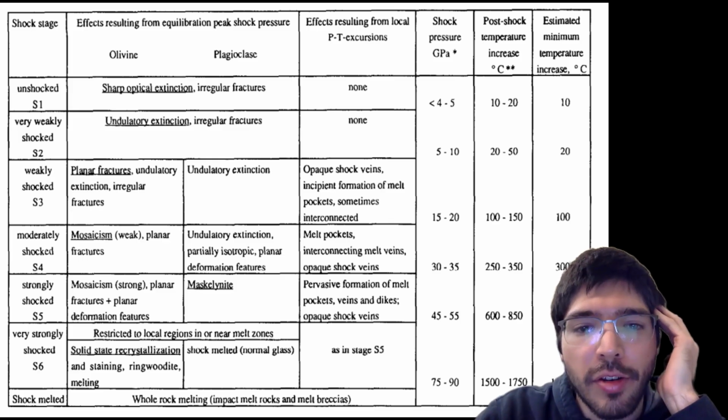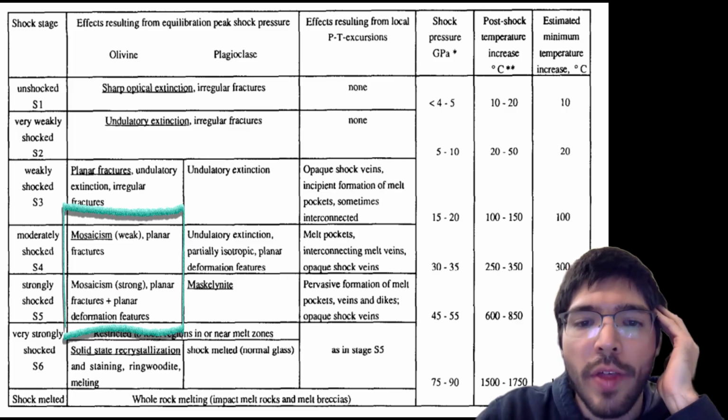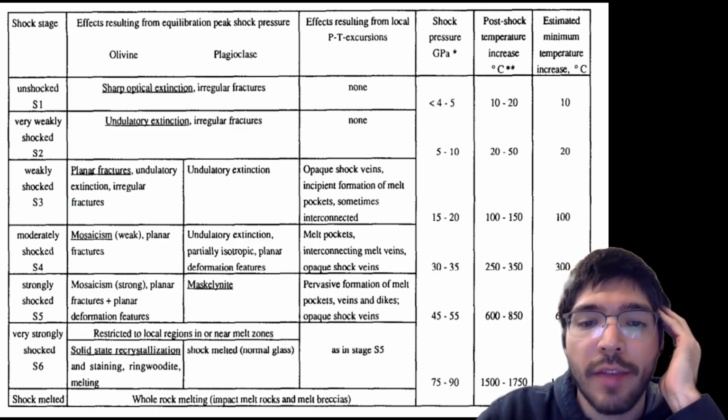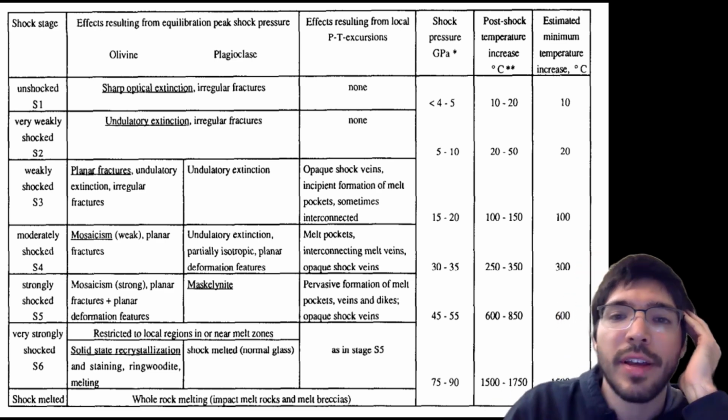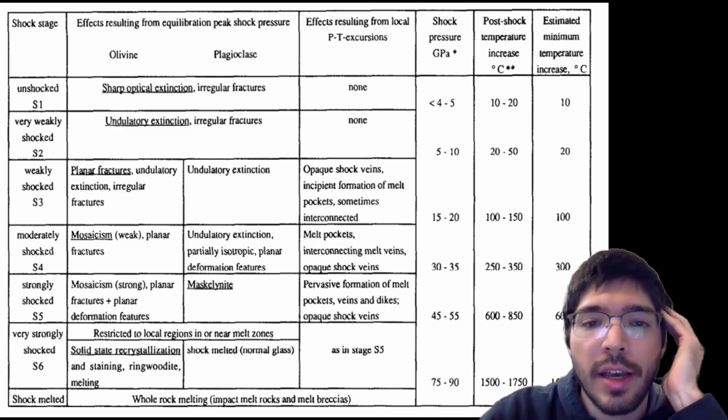The key thing to note is that I did see evidence of mosaicism and planar fracturing. All that mosaicism means is that the grain is so deformed during the shock deformation process that you have different domains in the grain that behave differently when light passes through them, because the crystal structure is so warped, and that creates this effect.